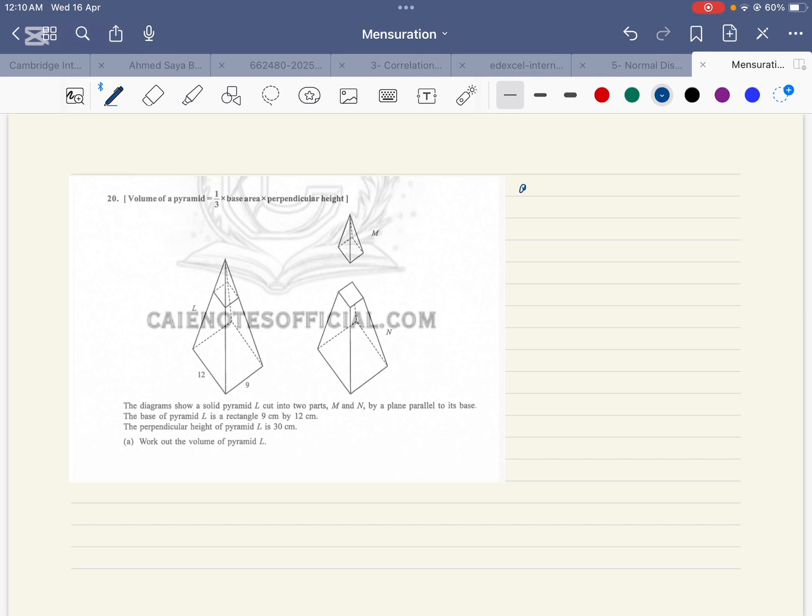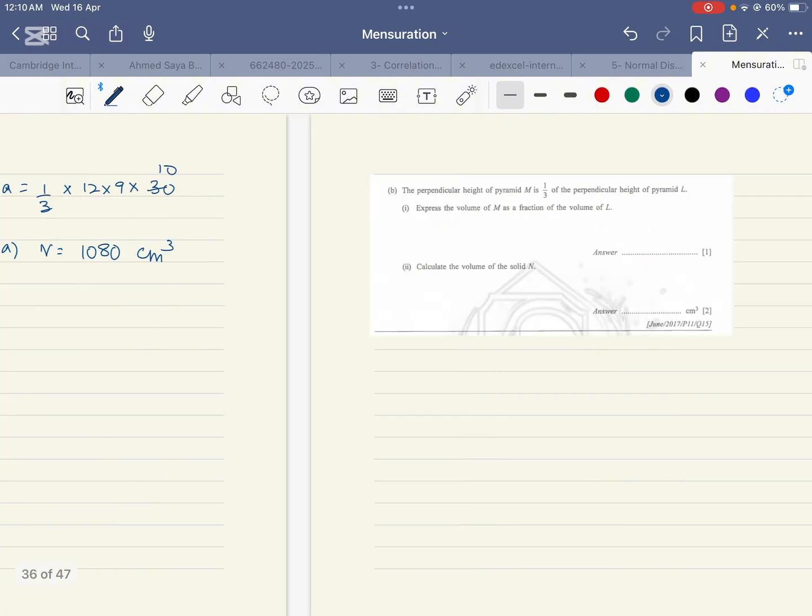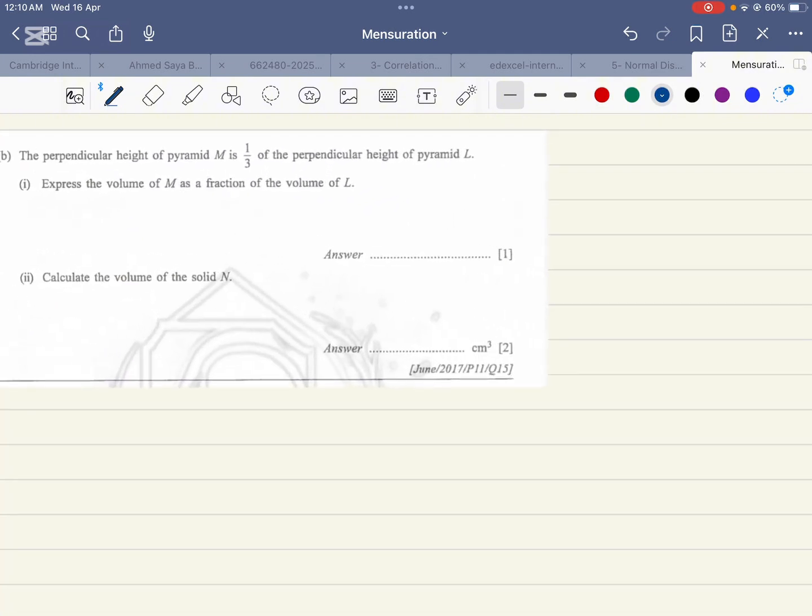So for part A, simply we apply the formula of volume 1/3 into base area into height 30, right? So the answer is 12 into 9 into 10, which is 1080. For part A, volume of the pyramid is 1080 centimeter cube. We have a part B of this question as well.